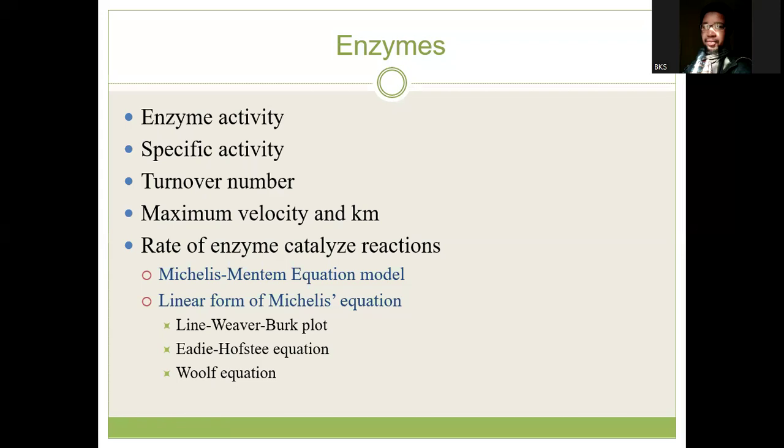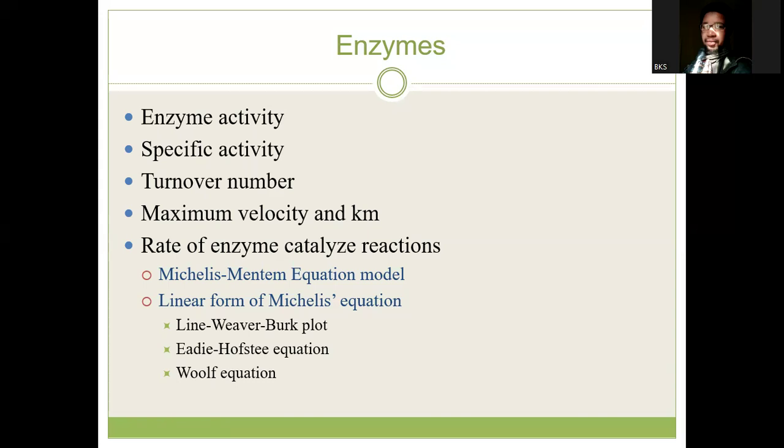Then we define enzyme activity as the amount of enzyme required to convert 1 micromole of a substrate to product per minute under a specific condition. So based on this definition, we have the enzyme activity unit as 1 micromole per minute.